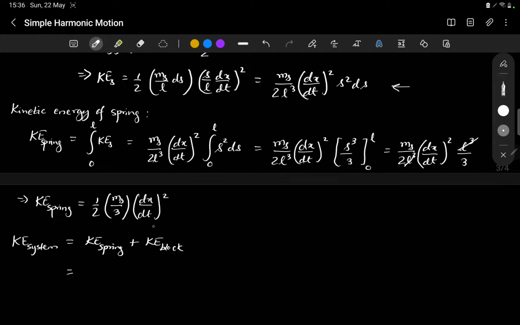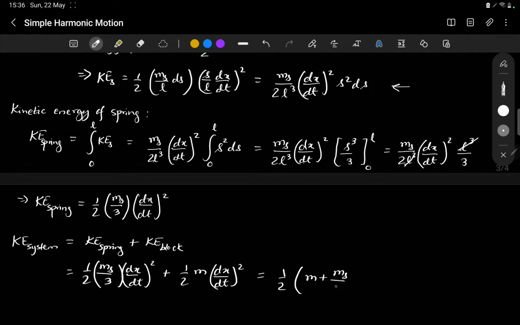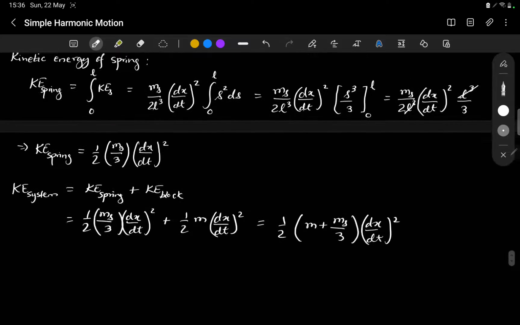The kinetic energy of the spring we just evaluated, and the kinetic energy of the block is nothing but half m v squared, v being dx over dt. This gives us the following expression.